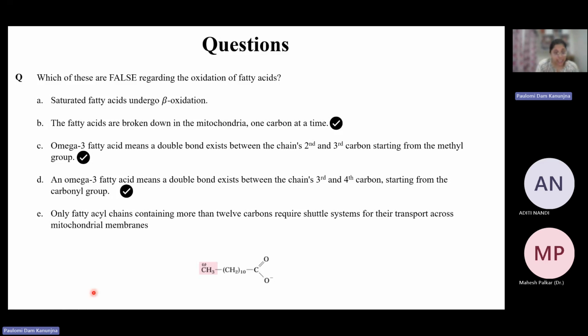That's why the next one is also incorrect, because it says there is a double bond between the third and the fourth carbon, but from the carbonyl group. No, it's from the methyl group. So when you see it from the other end, you will see that it has the omega-3 fatty acid. And lastly, only fatty acyl groups containing 12 carbons require the shuttle, yes, because they are bigger in size. Okay, next one.